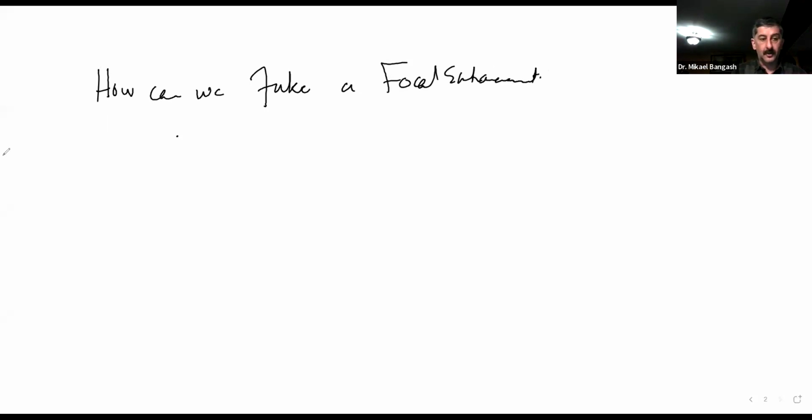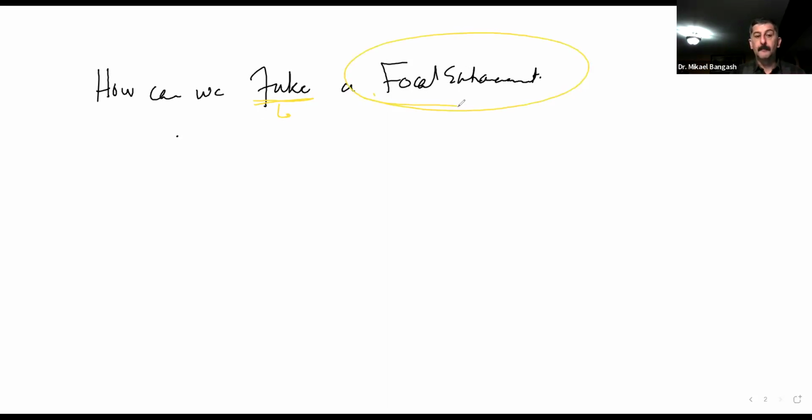What I mean by faking here is that we actually wouldn't have had a focal enhancement, but we may be able to produce something that looks like focal enhancement.